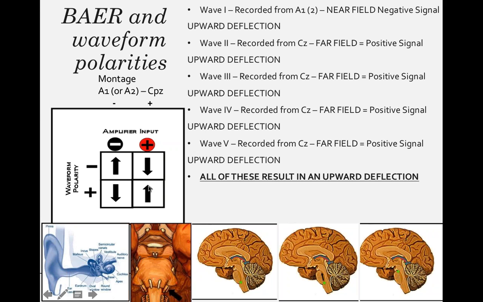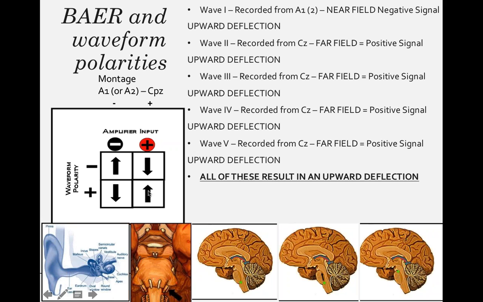And actually, the same exact thing happens for waves 3, 4, and 5. These are all deep structures which send out electrical signals which are far field signals. These are positive waveform polarity signals which are recorded by the reference electrode in our montage. So we have our positive signal into our positive channel, and we get an upward deflection.